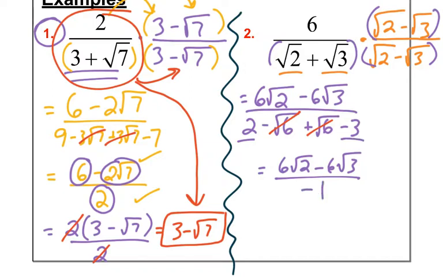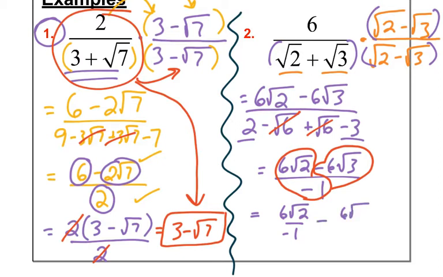Really good, really good. When you divide by 1, usually you can just leave the numerator as is, but we're dividing by negative 1, so I think it would be great if we could divide each piece by that. Let's separate and divide each piece by the negative 1. So I really get 6 root 2 divided by negative 1 minus 6 root 3 divided by negative 1.